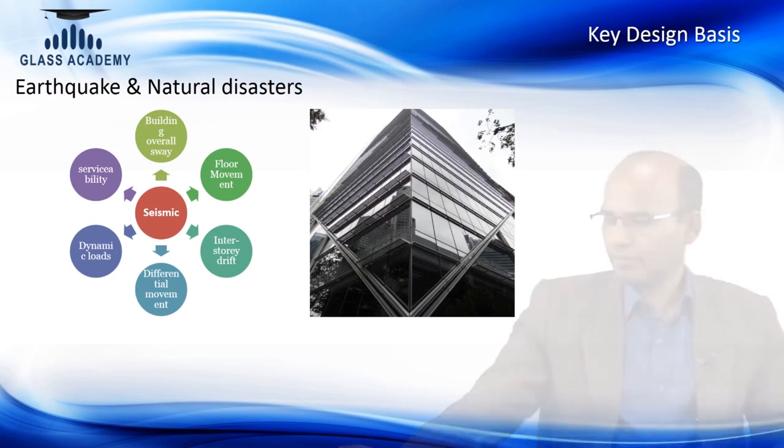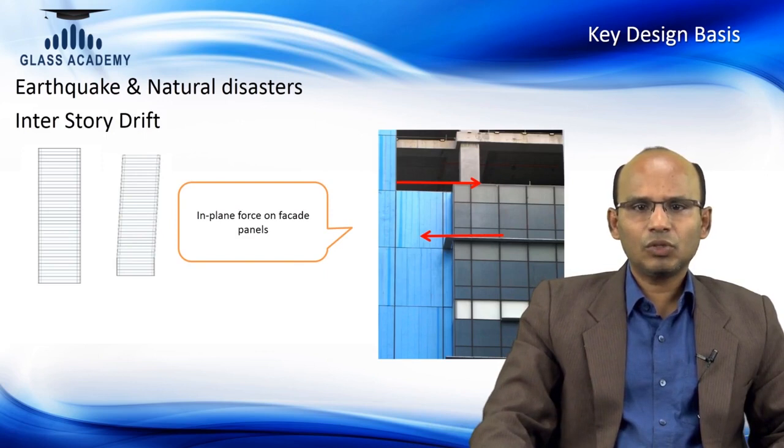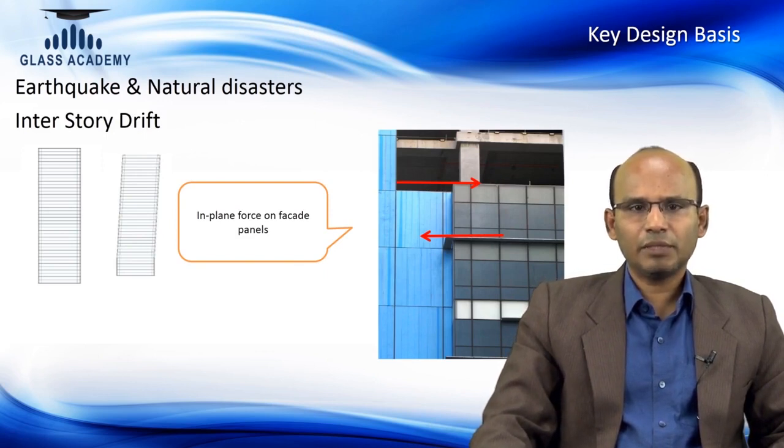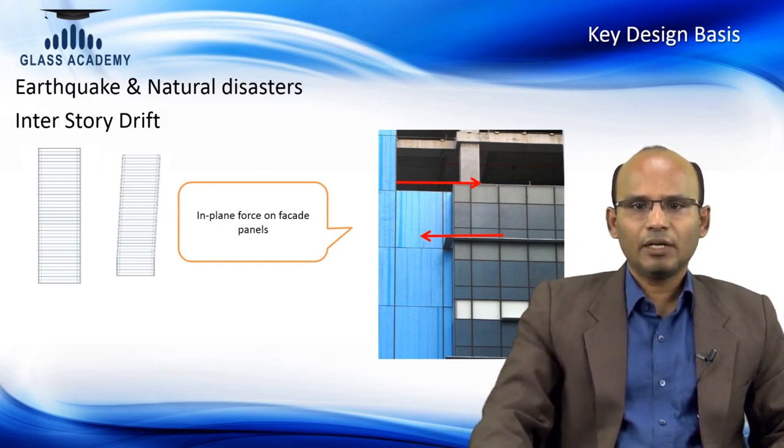Continuing with the loads relevant to building movement, which could be seismic or earthquake, the predominant force imposed onto the glass panel or facade system is in-plane forces. What you can see here is that when the building is drifting or swaying, it is going to put horizontal loads on this glazing element, and this system needs to be verified for in-plane load.